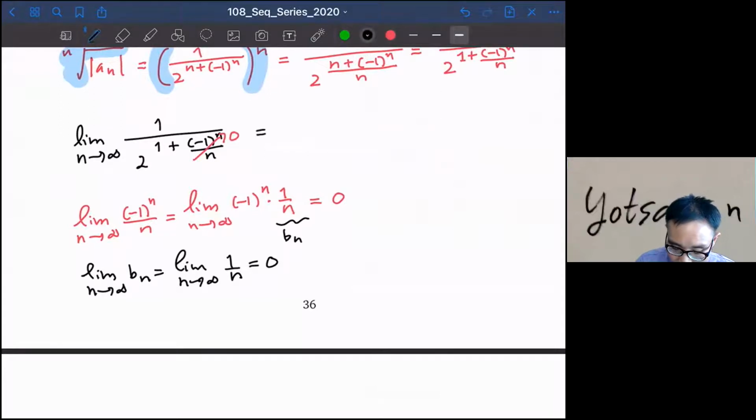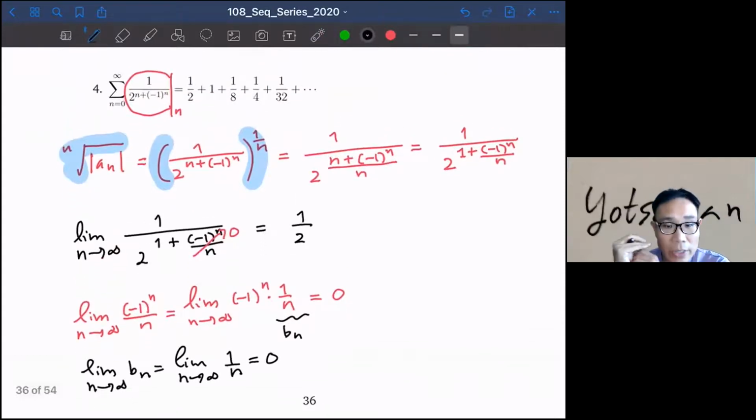And so it's going to be the limit, 1 over 2. So you have the limit equal to 1/2, and this guy is smaller than 1.